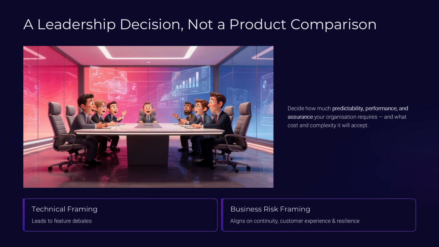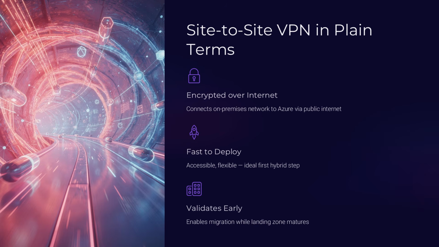You are deciding how much predictability, performance consistency, and operational assurance your organization requires, and how much cost and complexity it is willing to accept to achieve that. If you treat it as a purely technical selection, you will end up debating features. If you treat it as a business risk decision, you will align on outcomes like service continuity, customer experience, and resilience against disruption.